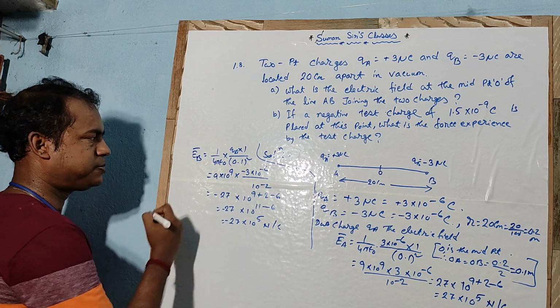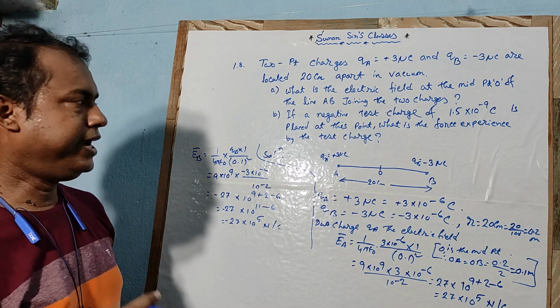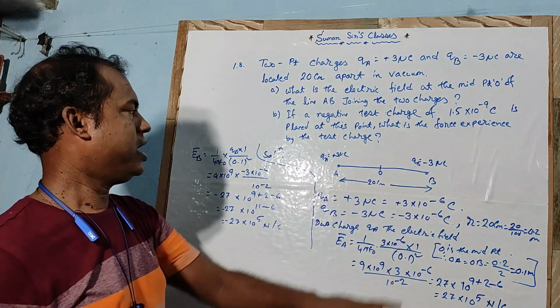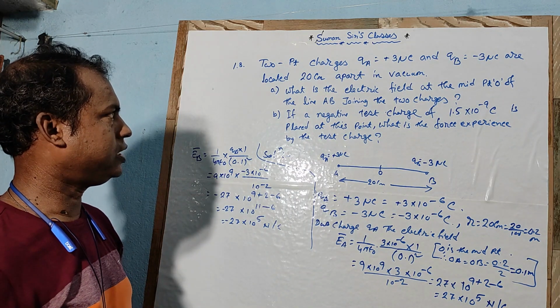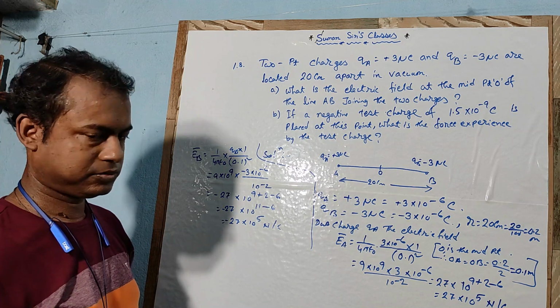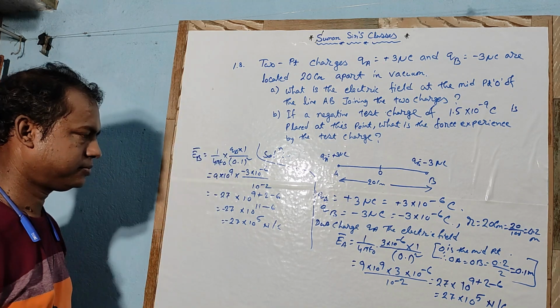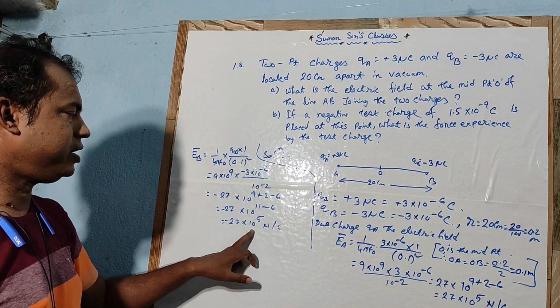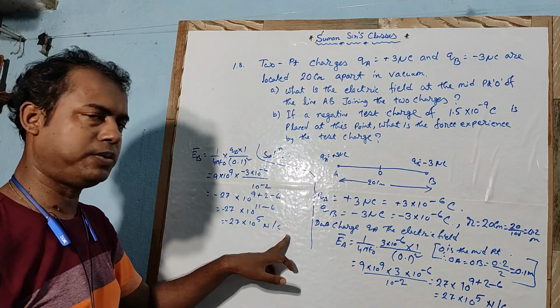The negative sign is present due to the negative charge, because minus 3 microcoulomb is present over there. So here EB is minus 27 into 10 to the power 5 Newton per Coulomb.